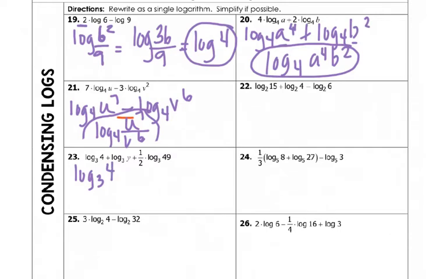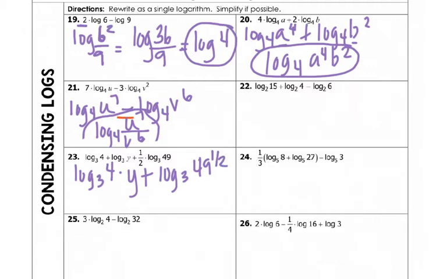So then we have plus log base 3 of y. Okay, since they have the same base, we know that we're just going to multiply that 4 times the y, right? And then we have the 1/2. That's going to become an exponent. So plus log base 3, 49 to the 1/2.